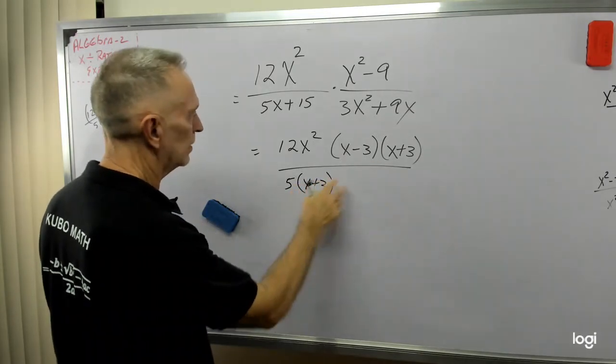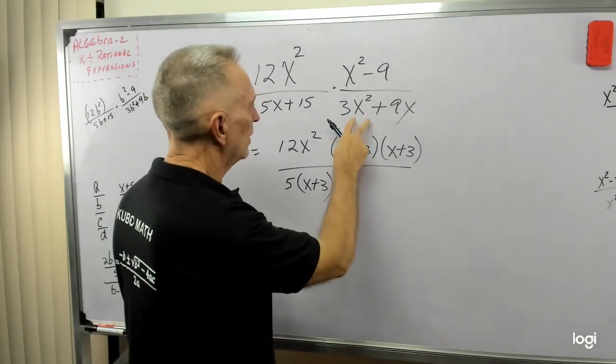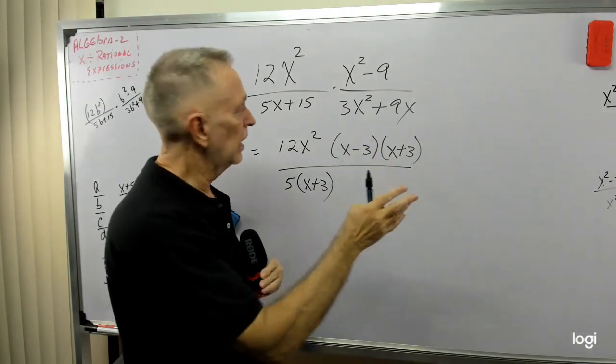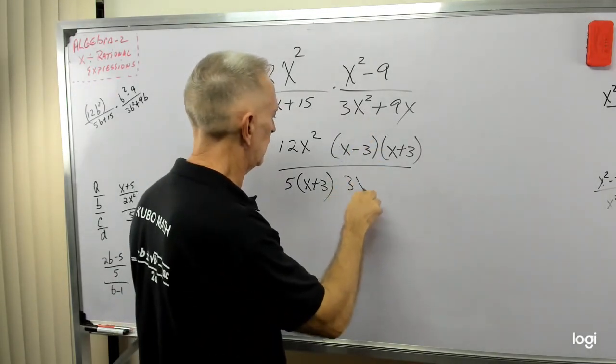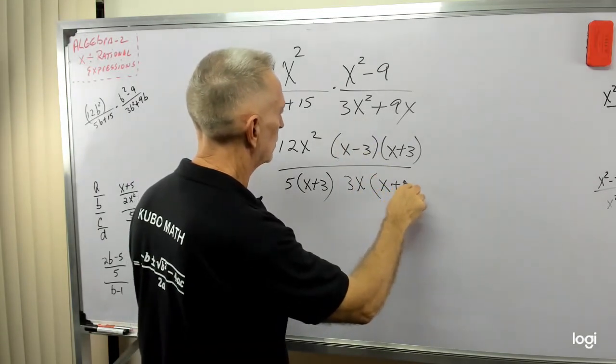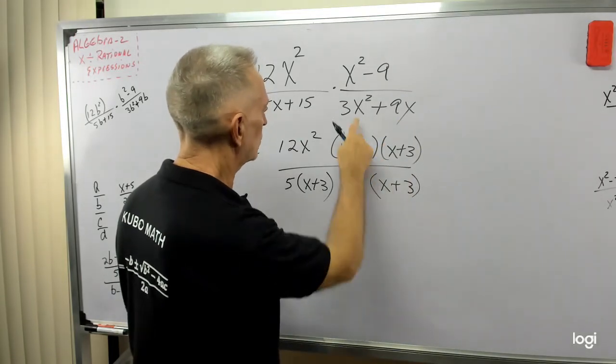Hey, this is shaping up. All right, what to do here? Let me factor 3x out of this. So 3x times x plus 3. 3x times x is 3x squared, 3x times 3 is 9x.